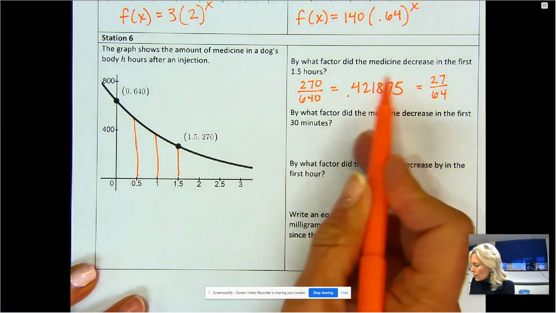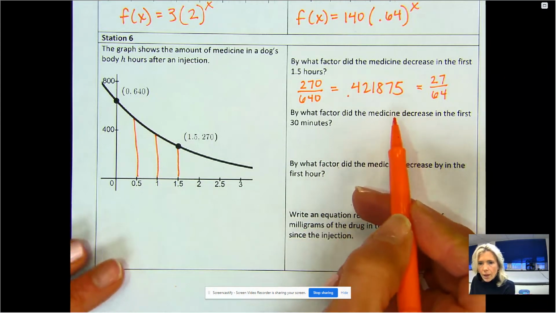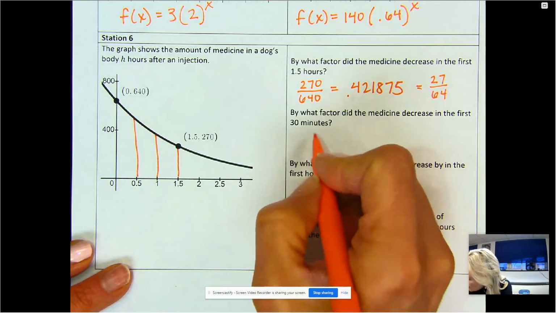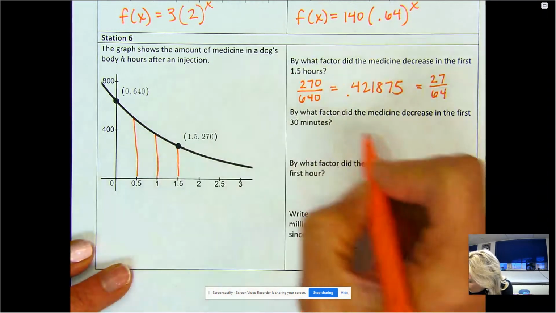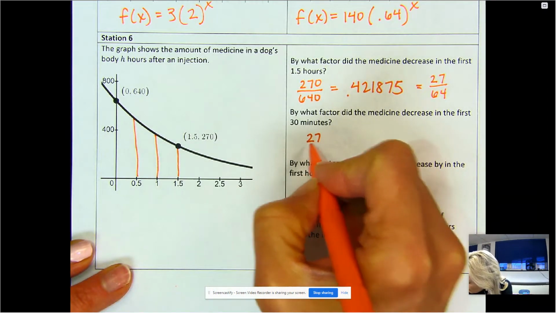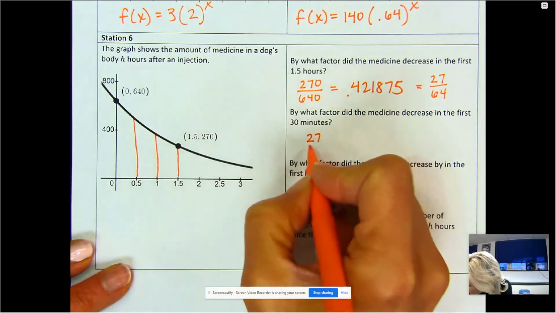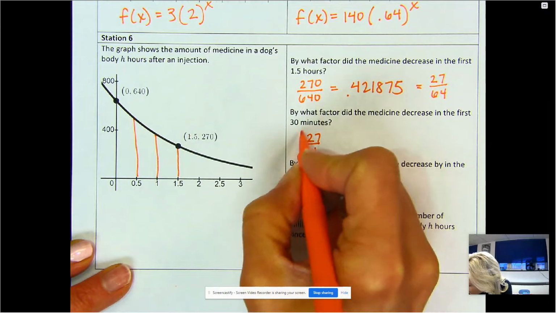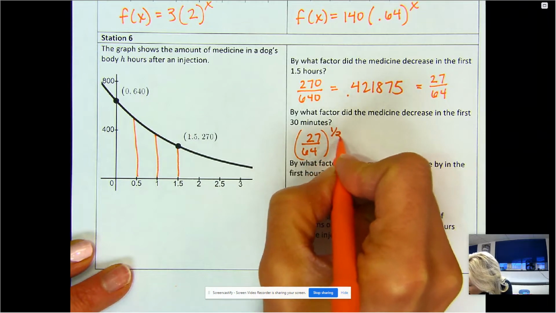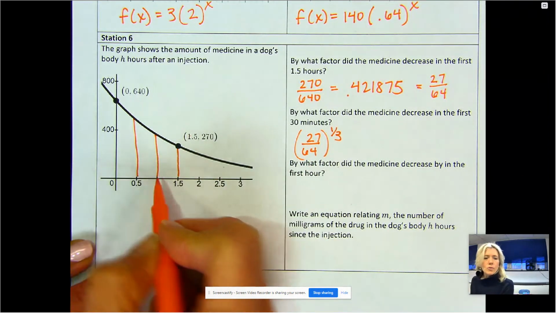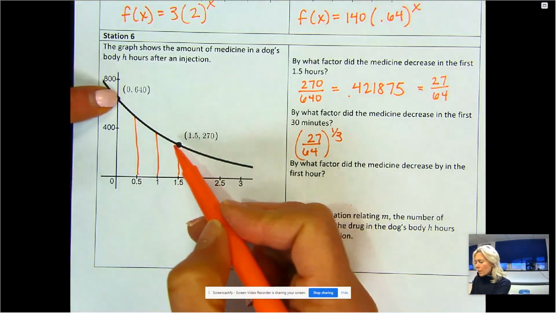So if I know this factor, I can use the fraction. In the first 30 minutes, it would be the factor for the entire interval to 1.5, but raised to the 1/3 because it's only one out of those three intervals to get all the way from here to here.